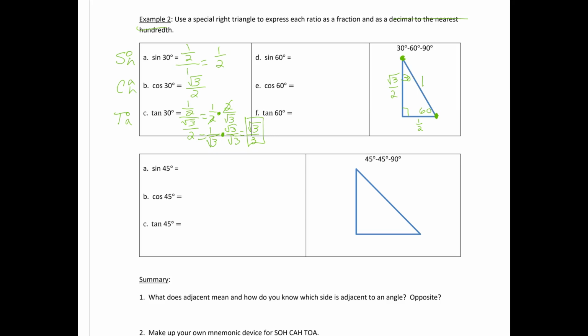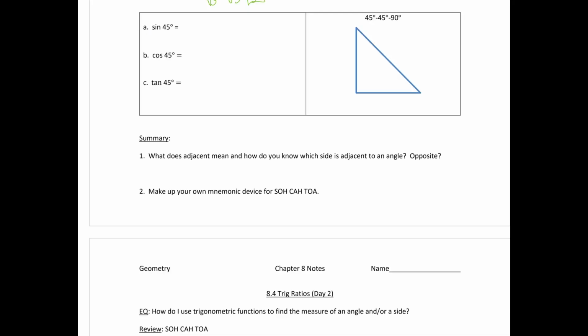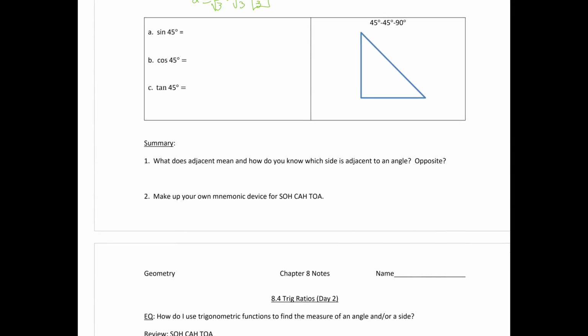What I actually want you to do is go ahead. You're going to be dealing with a different angle here: the sine, cosine, and tangent of 60 degrees. Go ahead and calculate what that would be using this angle here. By now you should be getting the hang of this. So I want you to come up with your 3 trigonometric functions.